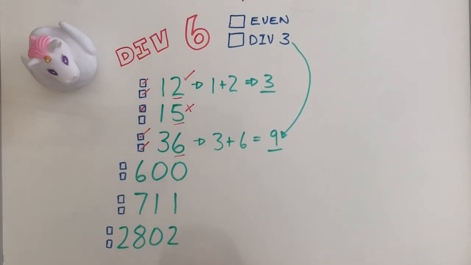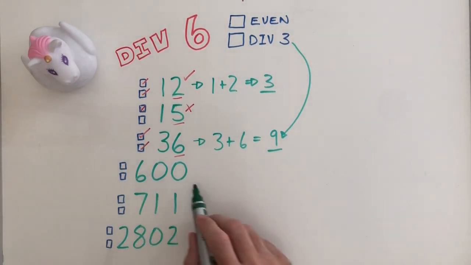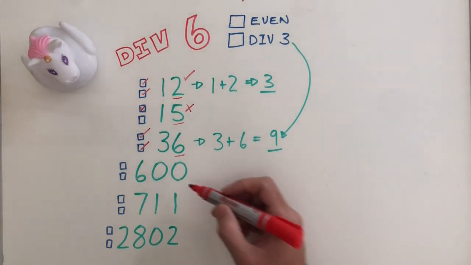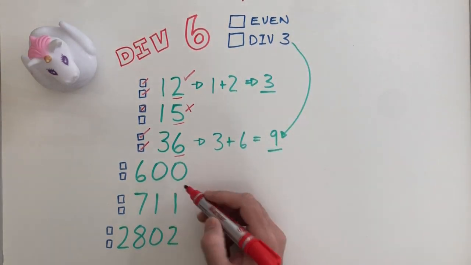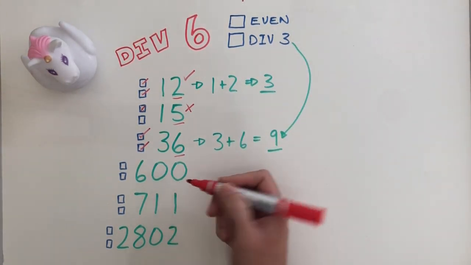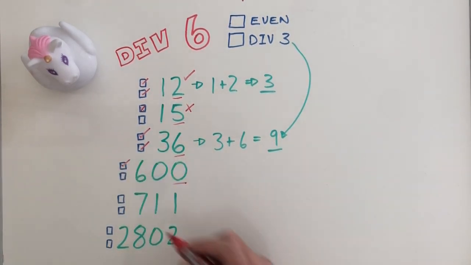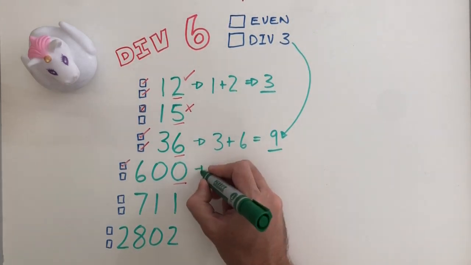Okay, for the next one, we have 600. Again, we'd expect it to work because it's just 6 times 100, but let's run the test. The first test is whether it's an even number or an odd number. Yes, it's even, so that works. The second test is whether it's divisible by 3.